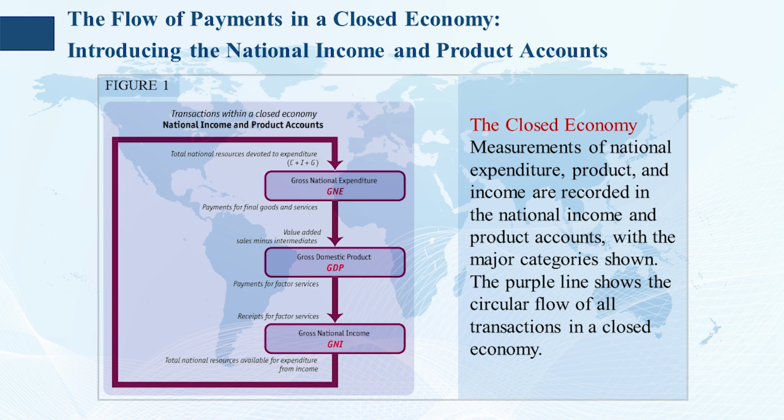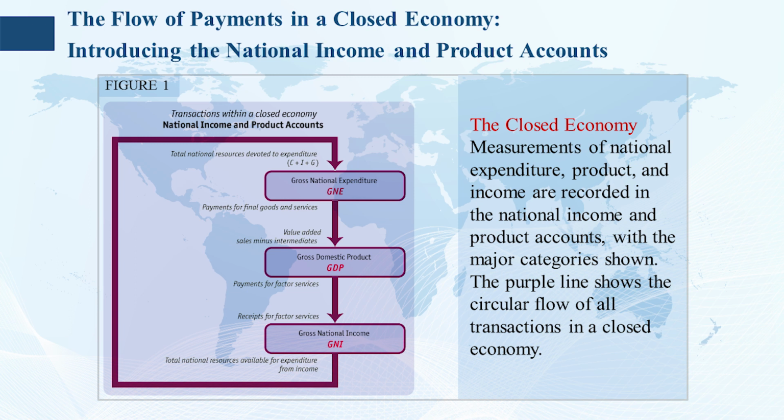This is shown by the loop that flows back to the top of Figure 1. In a closed economy, expenditure is the same as product, which is the same as income. But when a nation opens itself to trade with other nations, the flow becomes a good deal more complicated.